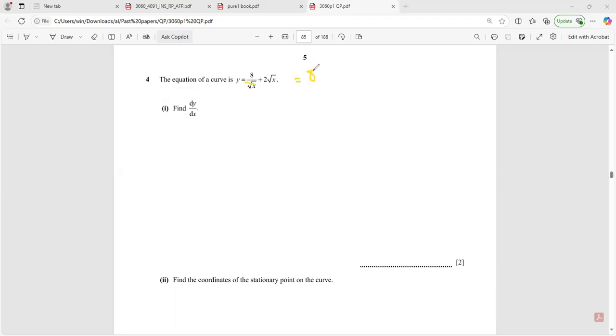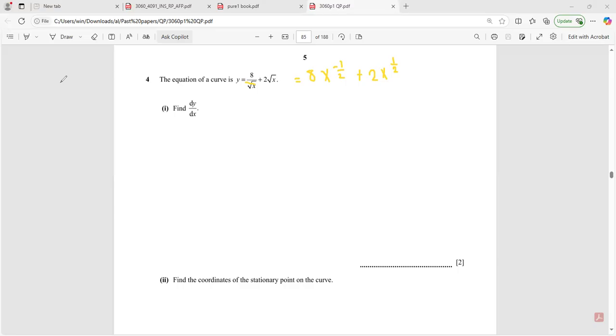So it will be equal to 8x to the power negative half, where the 2 is a square root. The denominator is always the root, plus 2x to the power half, because again, the 2 here in the denominator is a square root.